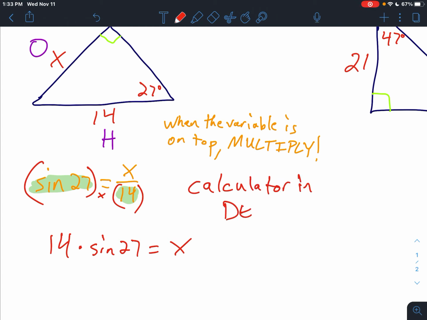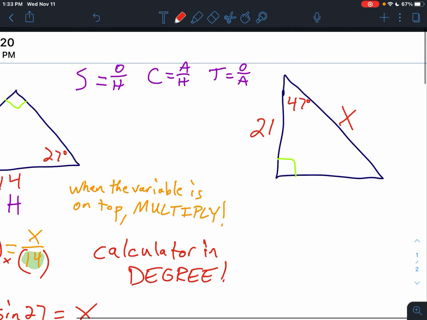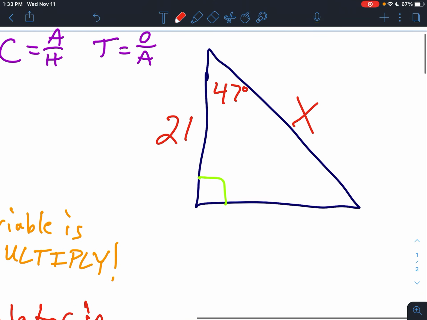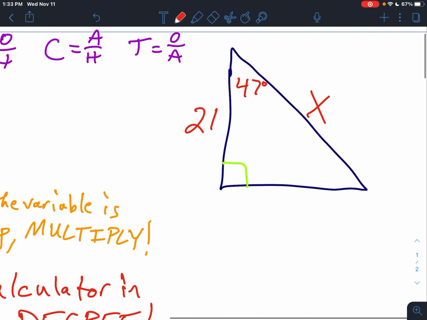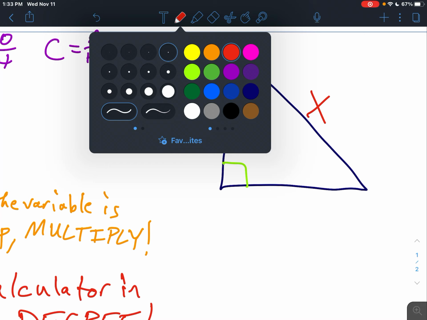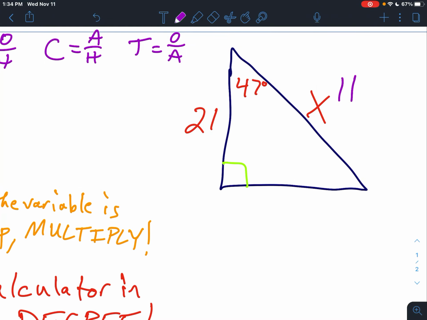In degrees. All right. Over here, okay, I'm going to label my sides again. Across from the 90 degrees, my hypotenuse. Right there. Across is the opposite side, the farthest side away from the angle is the opposite, and your leftover is the adjacent.